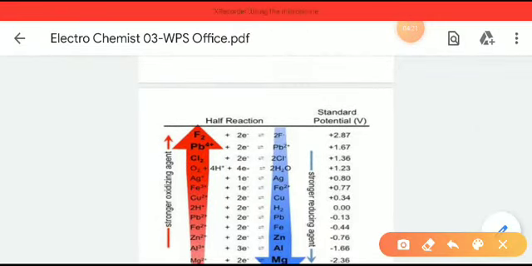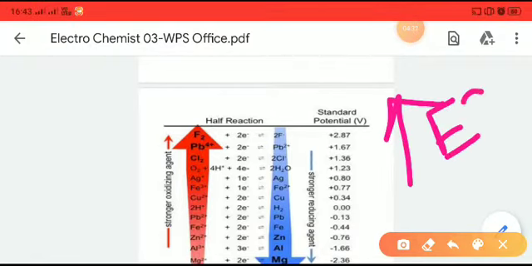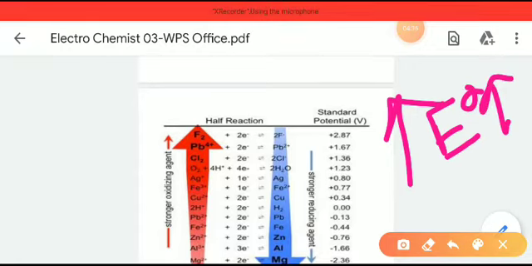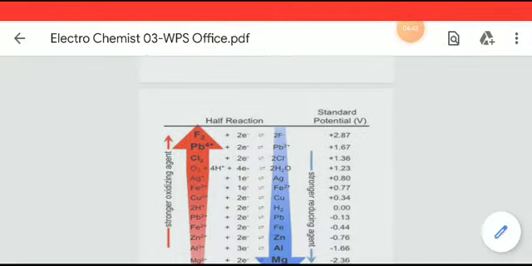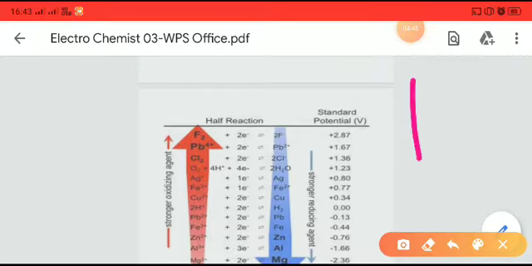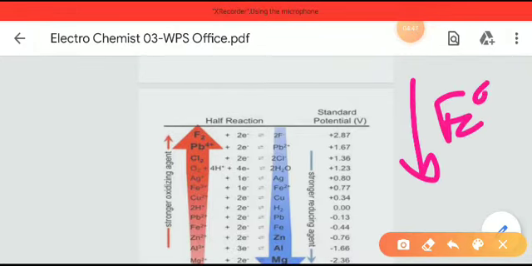Look here, when we go from lower to higher, that is from down to top, the standard electrode potential increases. Conversely, from top to down, the standard electrode potential decreases.